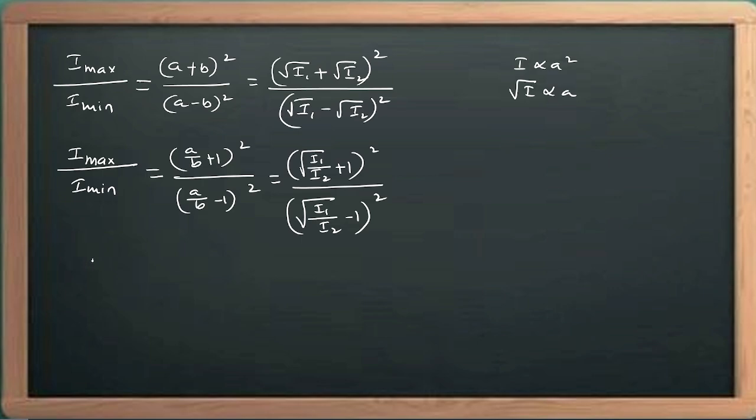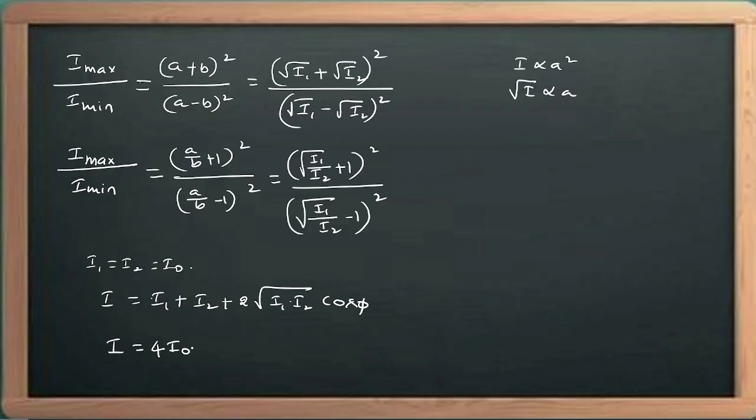Then in case I1 is equal to I2 is equal to some value I0, what happens to this equation? We have I equal to I1 plus I2 plus 2 root I1 I2 cos phi. If we substitute I0 in place of I1 and I2, the final equation that you get is 4 I0 cos square phi by 2.